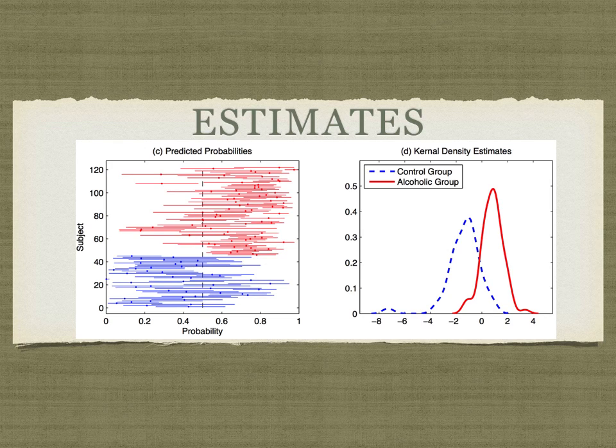And you can see that the distribution, although it's not symmetric about 0 because of the alpha i and beta j, might have some shift, but the symmetric points of the distribution of these alcoholic groups are relatively denser than the control groups.